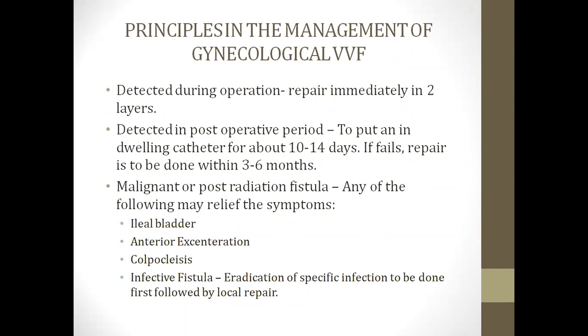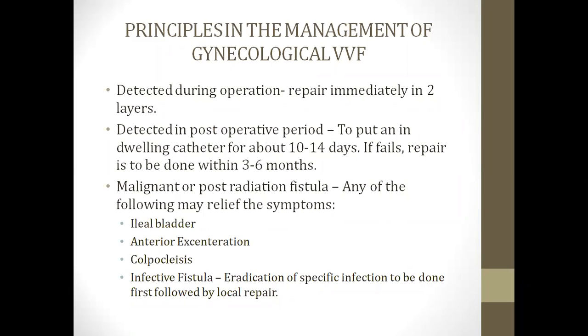So while doing gynecological surgery, if you find that the bladder is injured, if you diagnose it, you repair in 2 layers and close the bladder with number 3-0 Vicryl. If detected in the post-operative period, put an indwelling catheter for about 10 to 14 days. If it fails, repair is to be done within 3 to 6 months.